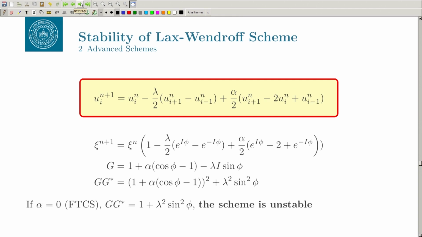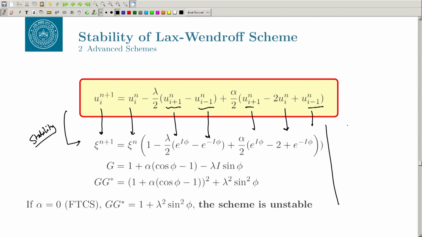So, we are doing the stability analysis of this. This is g to the power n plus 1, this is g to the power n, this is e to the power i phi, this is e to the power minus i phi, and then these 3 terms. Now, you use e to the power i phi plus e to the power minus i phi is basically 2 cos phi, and here I have changed the notation to alpha.